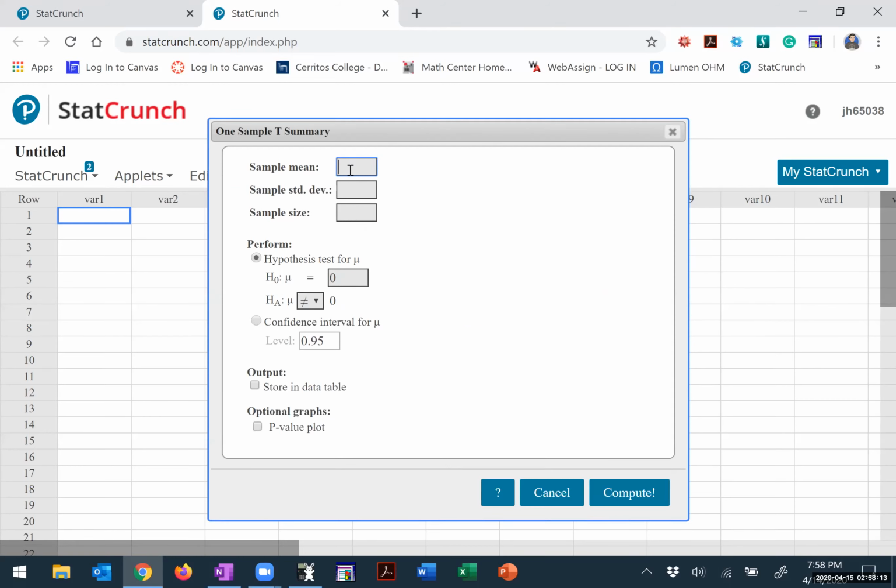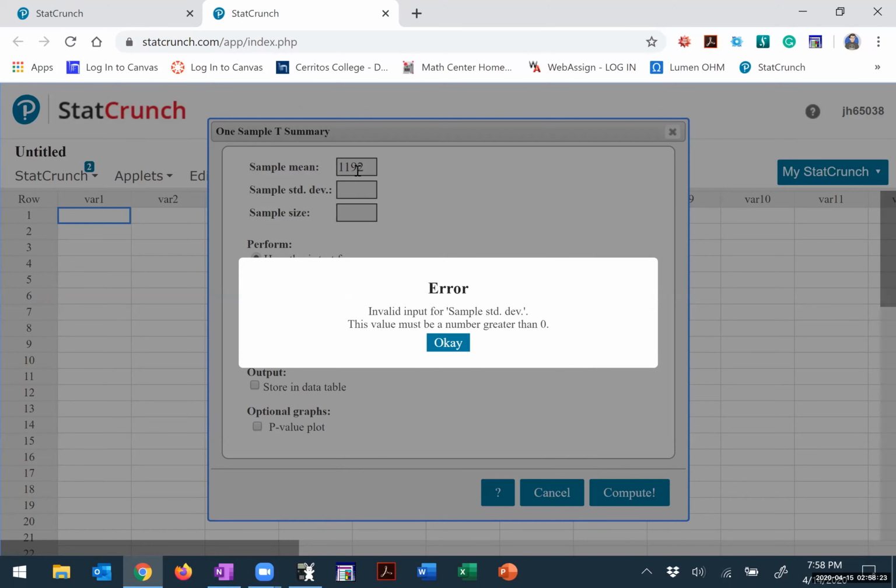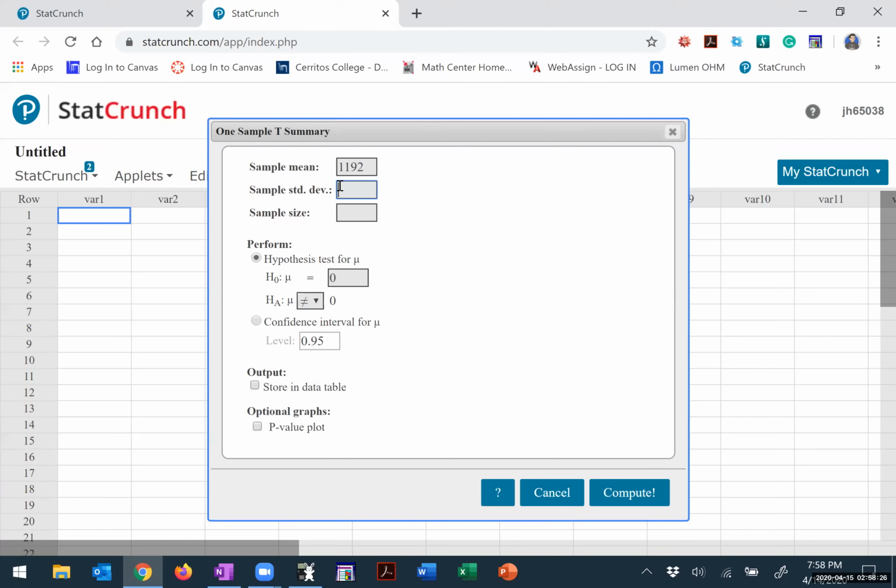Okay. So you go sample mean. What was your sample mean? It was 11.92. What was your sample standard deviation? It was 0.085. What's your sample size? Your sample size is 35. Okay, I believe. And what's the confidence level? The confidence level I want is 99%.